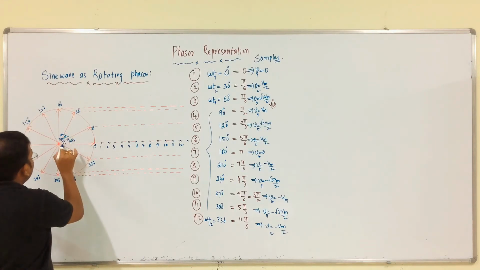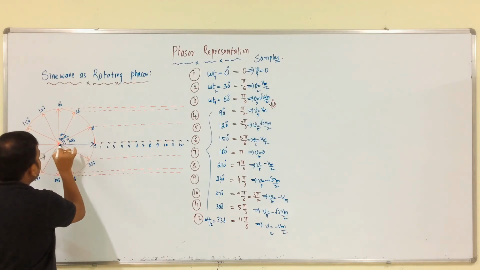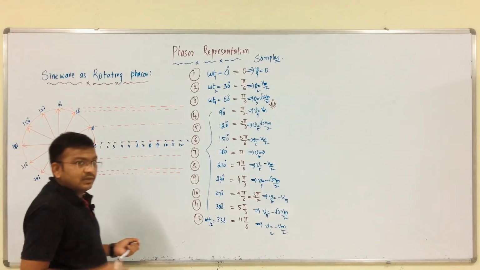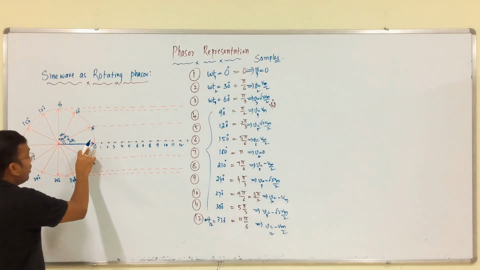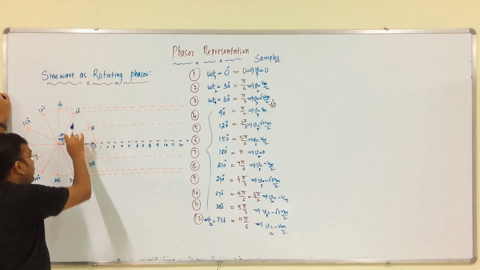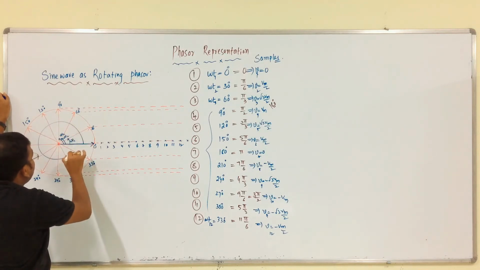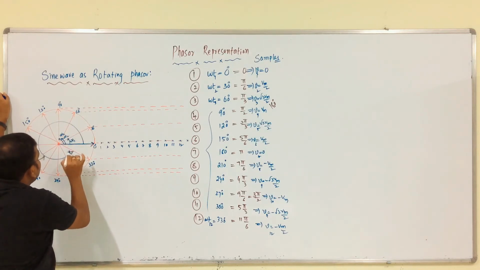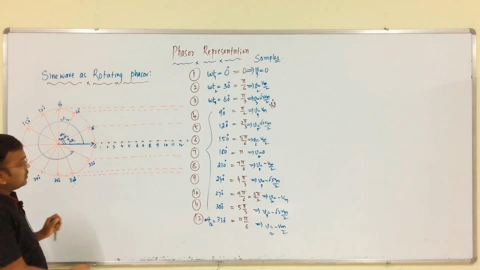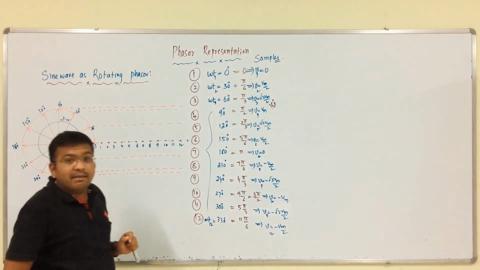So, from this point, this is the reference point, right. From here to here omega T1, from here to here omega T2, here to here omega T3, like that. From here to here we have omega T12. So, this is the reference point for every sample.